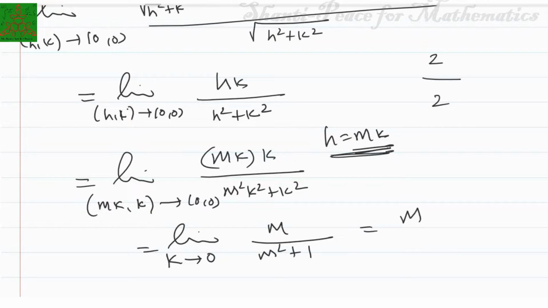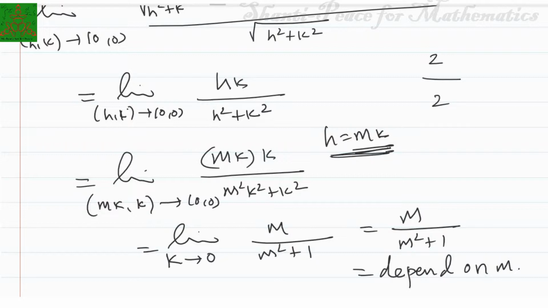So finally you will have m upon m square plus 1, which depends on m. So that's why this limit does not exist. If the limit does not exist, we can say that f is not differentiable. So that completes the proof of that remark that the converse of the result is not true.